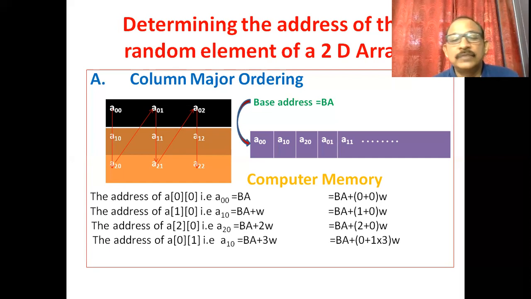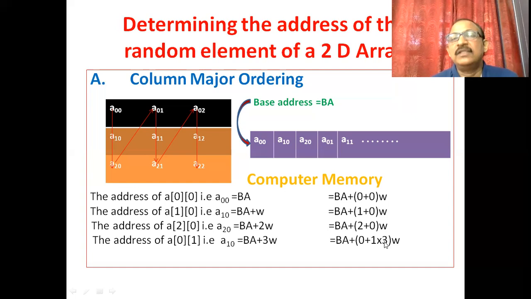Now the address of this element A01. And what is the address of this element? BA plus 3W. And you may write this with row subscript 0, and this 3W is 1 into 3.